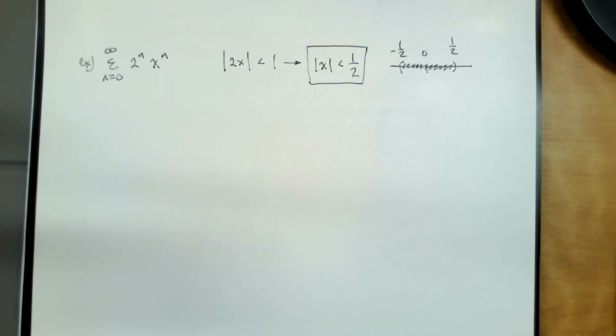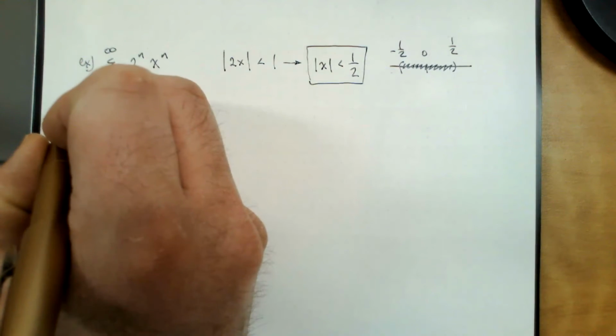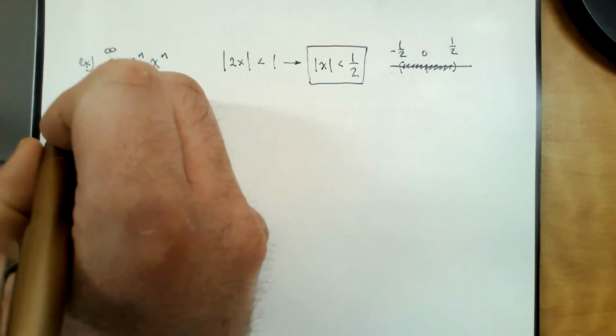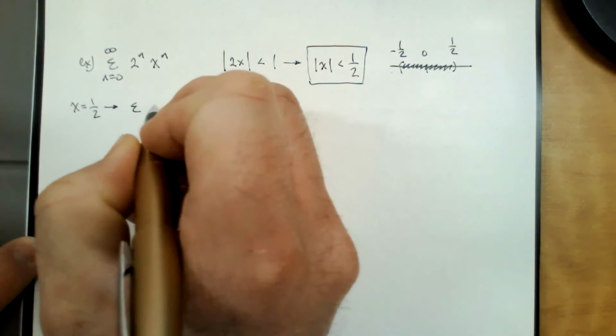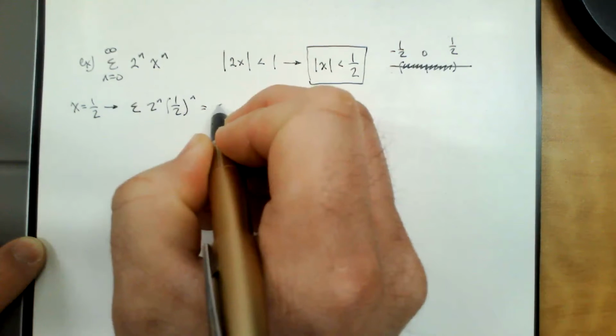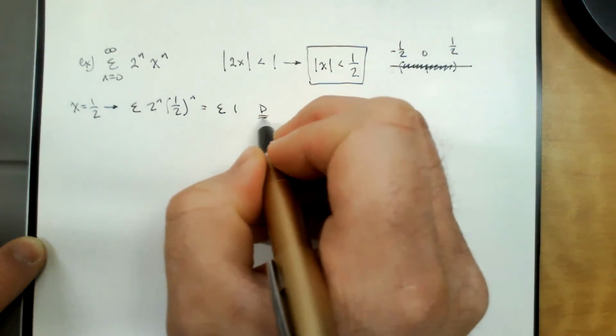If we look at the endpoints, we see the same thing happens, because this is all exponential in n. So when x is equal to 1/2, then our series is going to be 2 to the n times 1/2 to the n, which is the series of 1, which diverges.